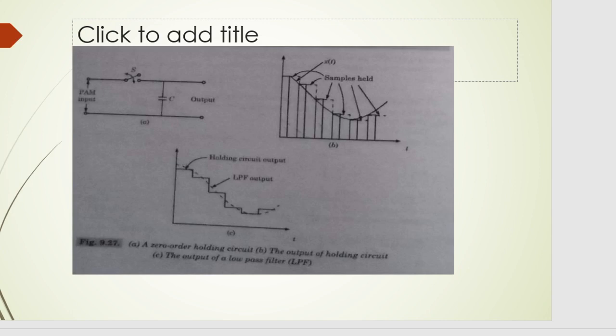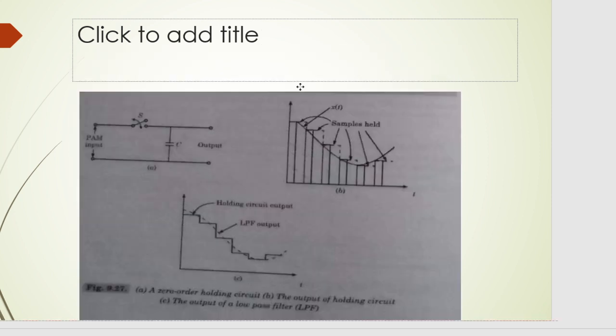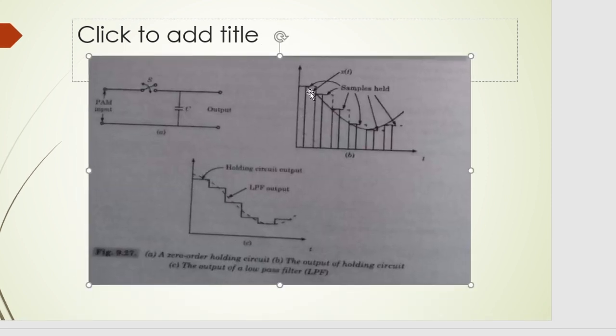So in this circuit, we use a switch and a capacitor. So this is our PAM waveform. You can see here, look at the diagram, just follow the cursor movements. See, these are the amplitude variations of the pulses.